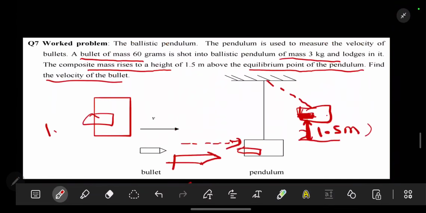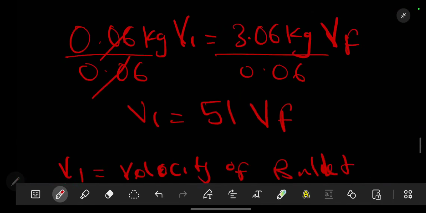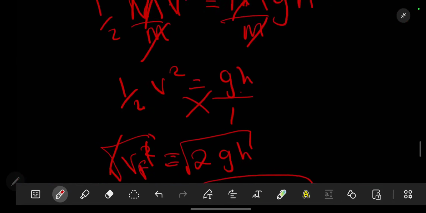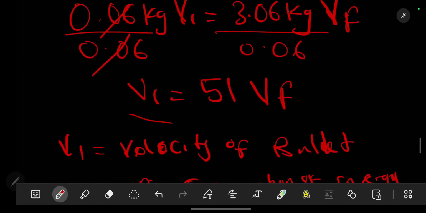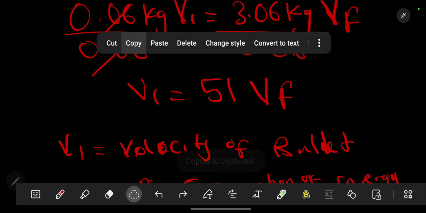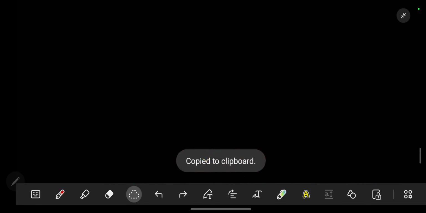So it moved up a height of 1.5 with a velocity of 5.422. So with that said, we have calculated this Vf. So we are going to come here, take this equation and just replace to calculate the speed of the bullet.